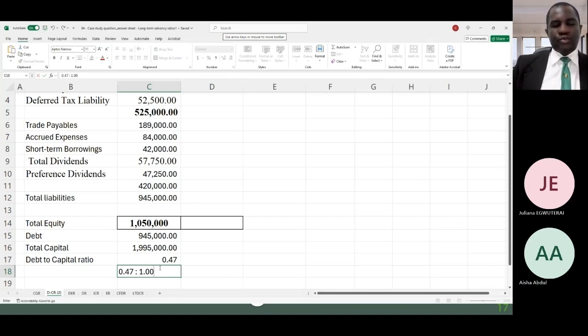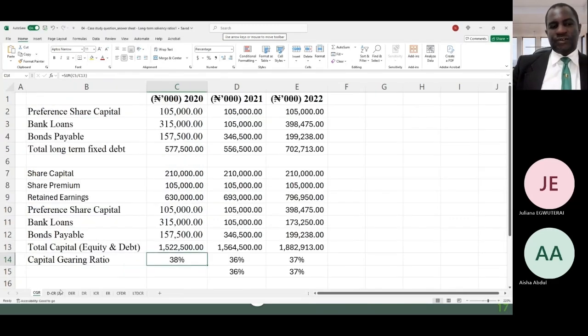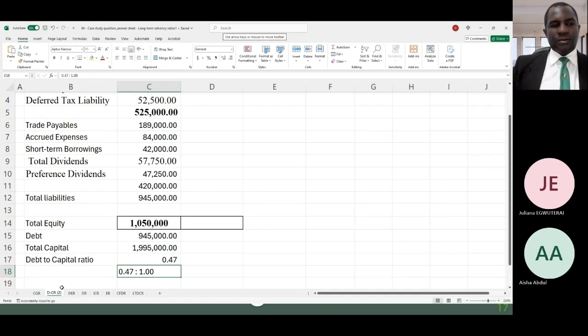So when you hear debt to capital or debt to equity, it's a ratio and not a percentage. But when you hear capital gearing ratio, you know it's a percentage. When you hear debt to, cash flow to, anything to, you are comparing one to another. So our total capital is 1 and our total liabilities is 0.47.